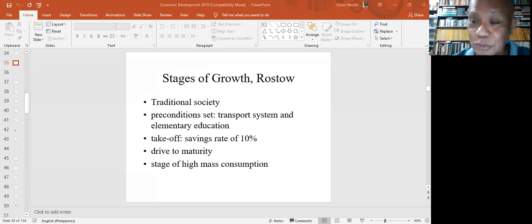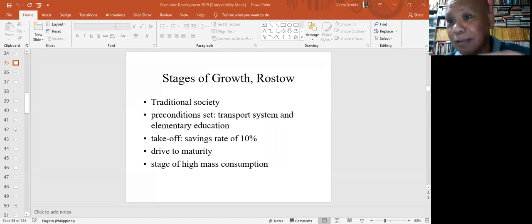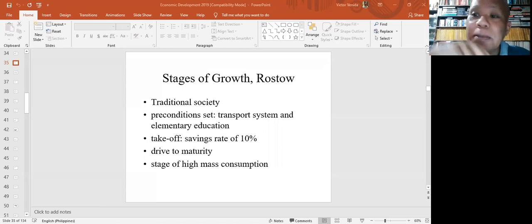wider range of goods. This factor, which is not much discussed in neoclassical economic theory, but discussed a lot in sociology, is based on the concept of goods acting as what is called incentive goods, or what sociologists call aspirational goods.